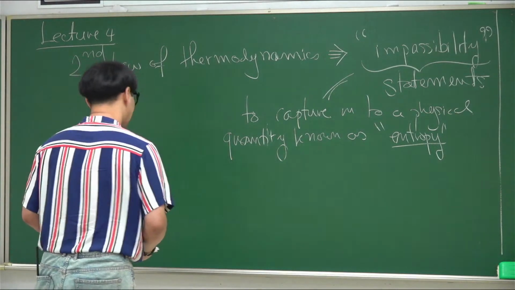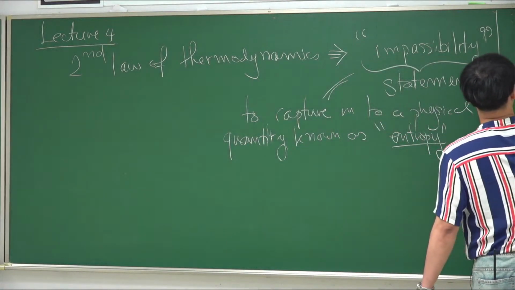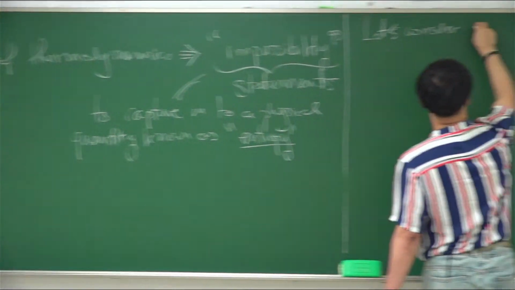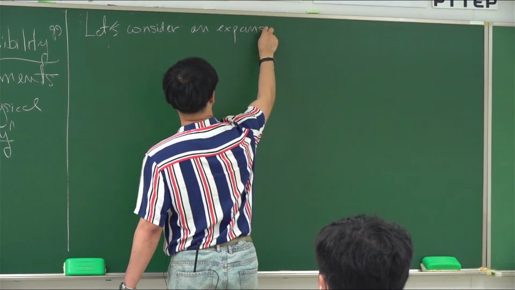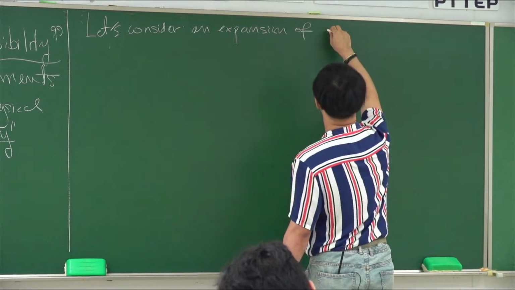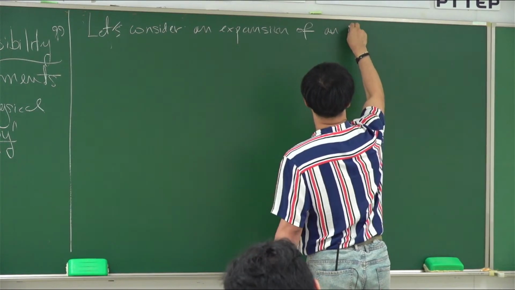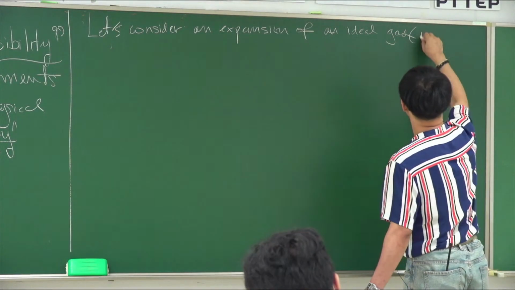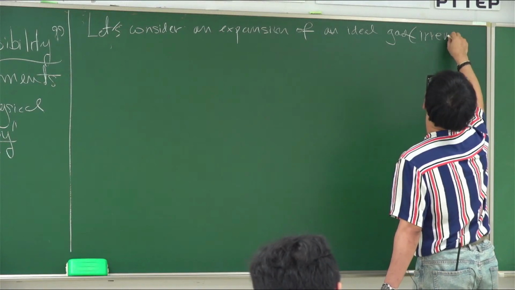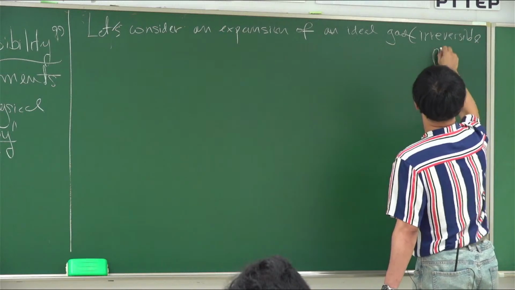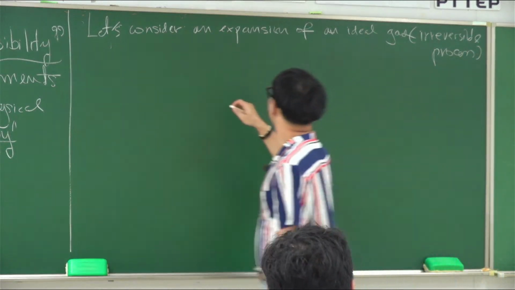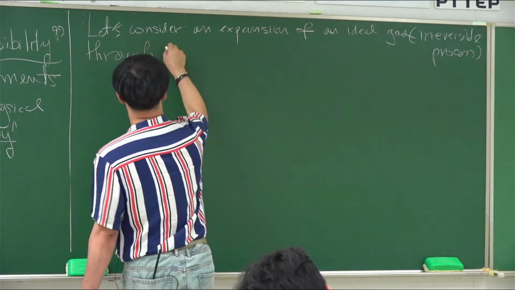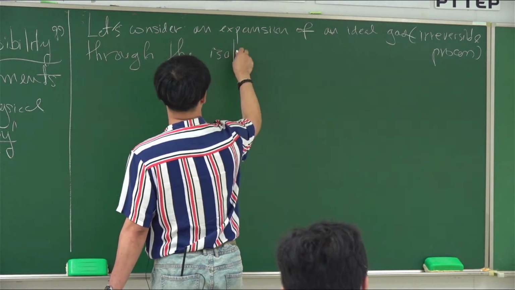So let's consider an expansion of an ideal gas, which we know is a reversible process through isothermal.